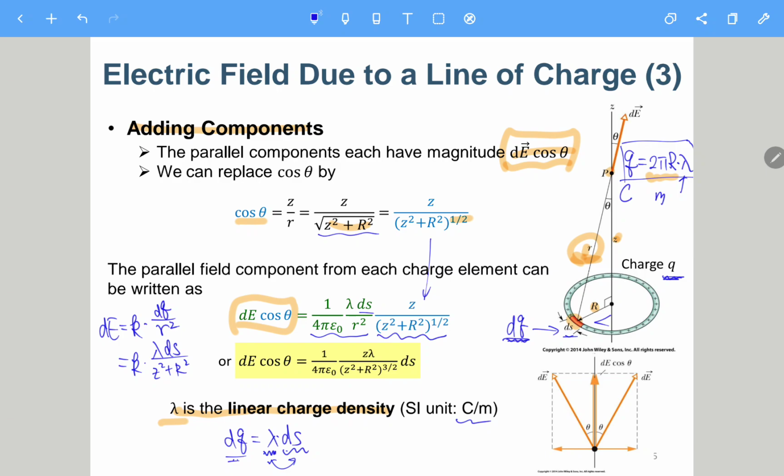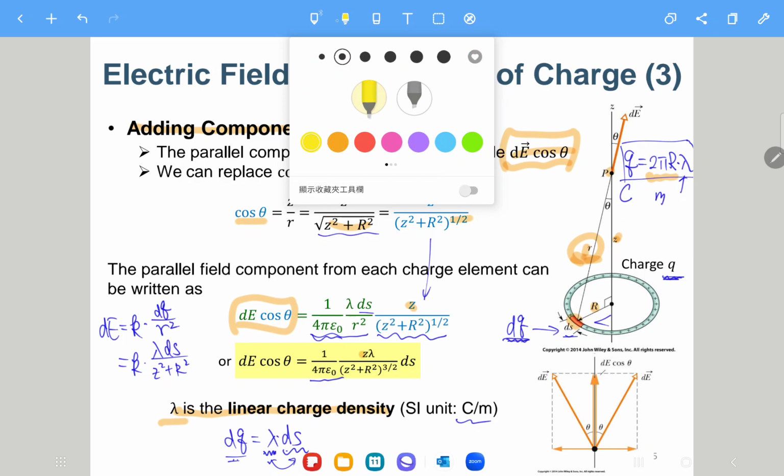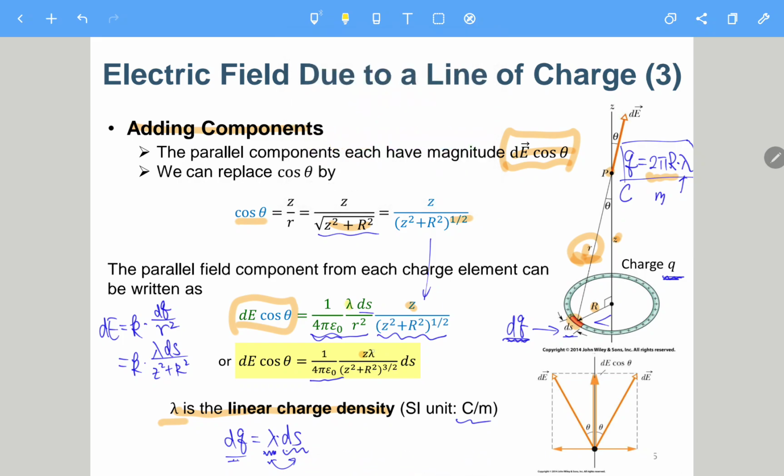Cosine of theta. So here, 1 over 4 pi epsilon naught is put here, and then we have a z here, and then lambda here, and finally a ds here. Also this is r squared, and this is also r, the square root of r squared.